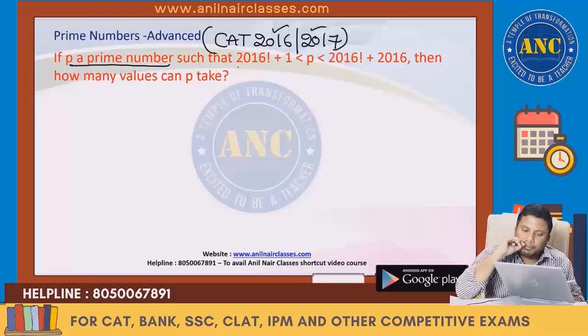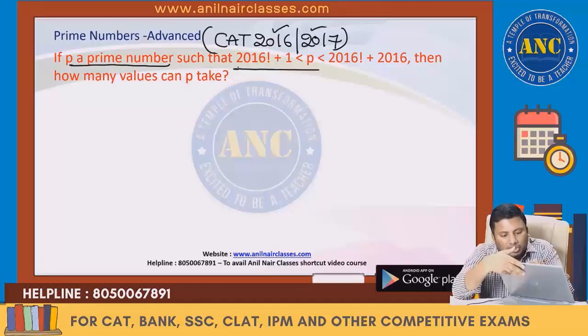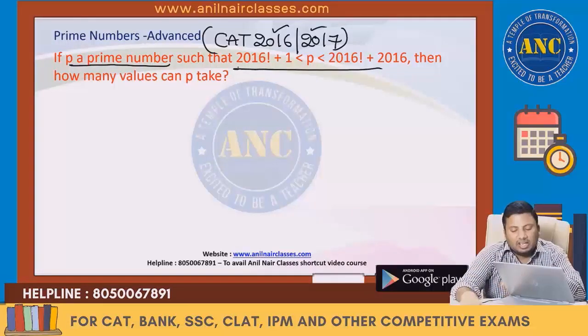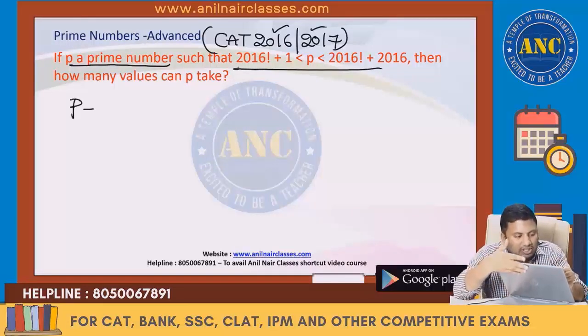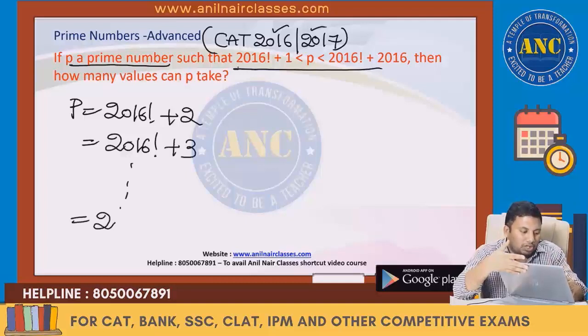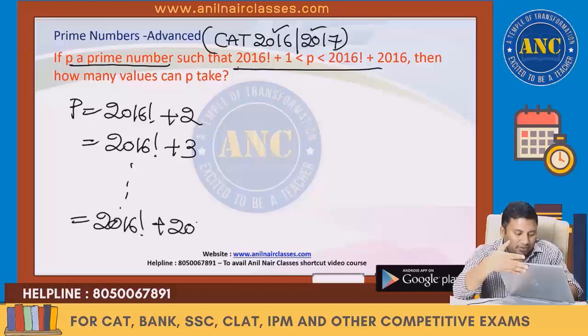If P is a prime number such that P lies from 2016 factorial plus 1 to 2016 factorial plus 2016, so it is 2016 factorial plus 2, it can be 2016 factorial plus 3, and so on up to 2016 factorial plus 2015.